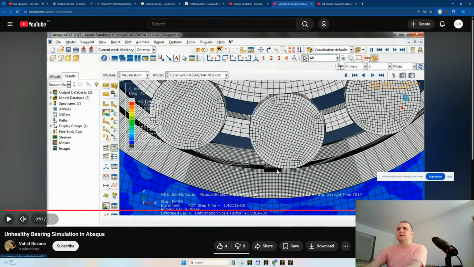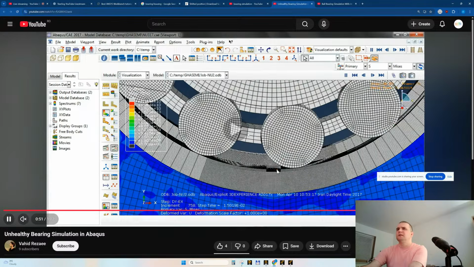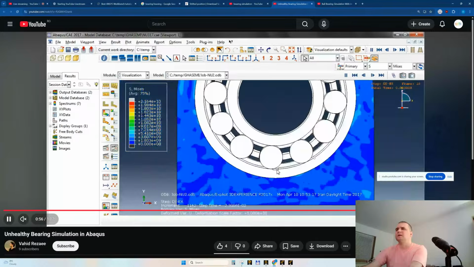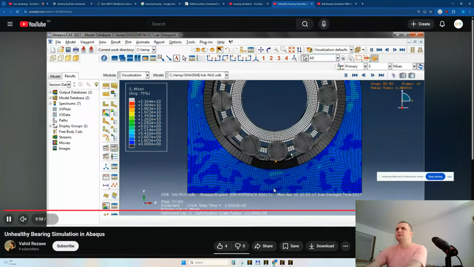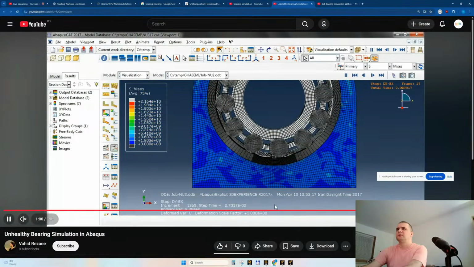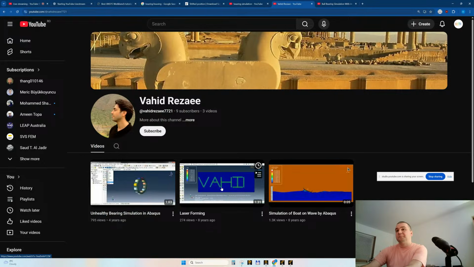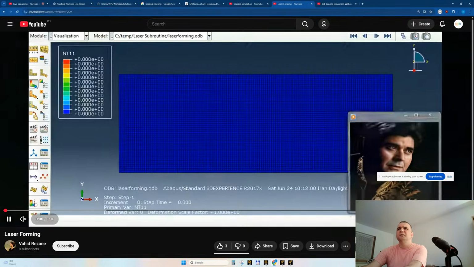This person kind of fixed the rollers, and he rotated a sub-assembly because I don't see the rollers moving. Does he have laser forming?